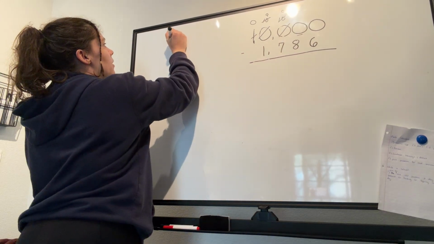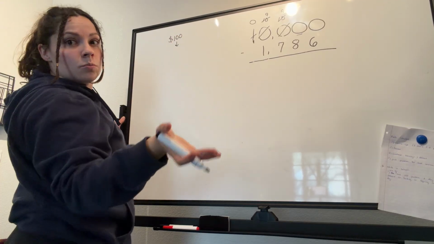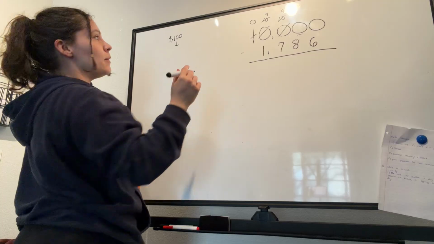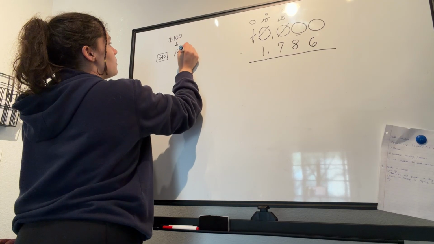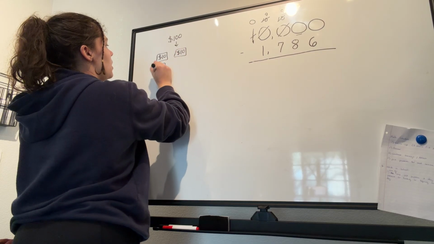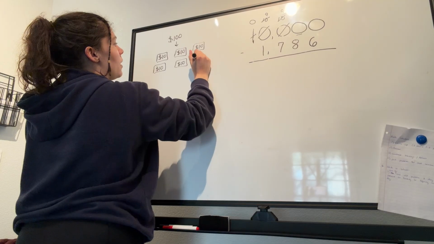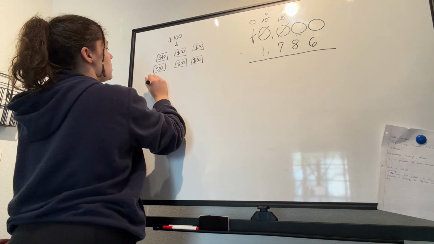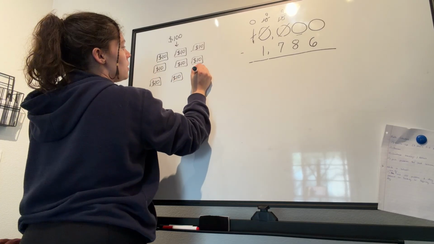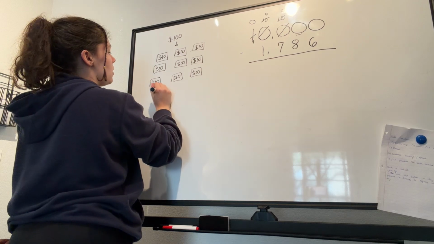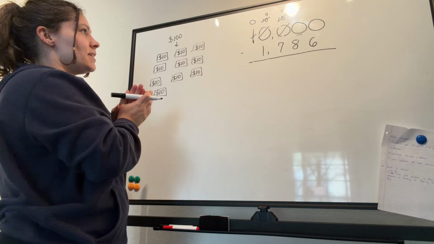Remember, we took away a $100 bill, and we're going to break this $100 bill down into, guess what, 10 $10 bills: 1, 2, 3, 4, 5, 6, 7, 8, 9, 10. So now we have 10 $10 bills.